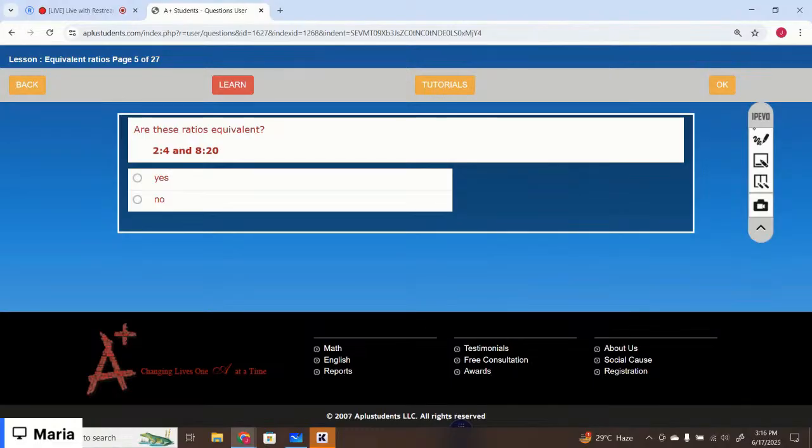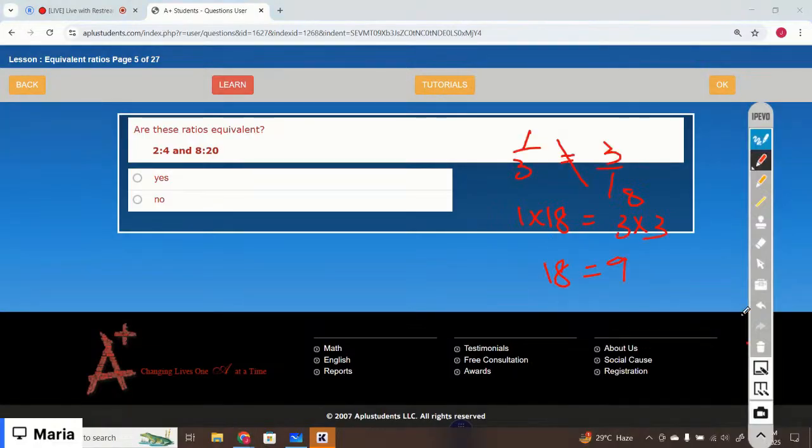Are these ratios equivalent? So that is 2 out of 4 and 8. So no, they are not equivalent.